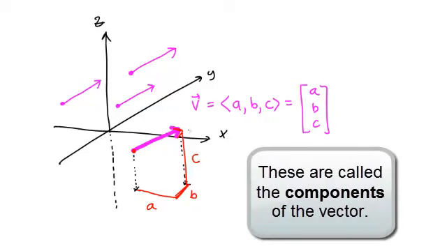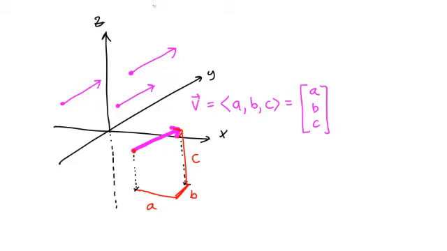Thus, every single one of these purple line segments would represent the exact same vector right here. How many of the concepts from R2 would carry over to vectors in three-dimensional space?